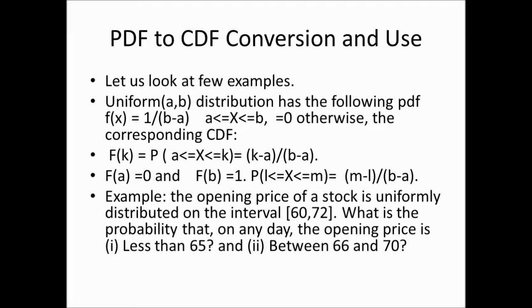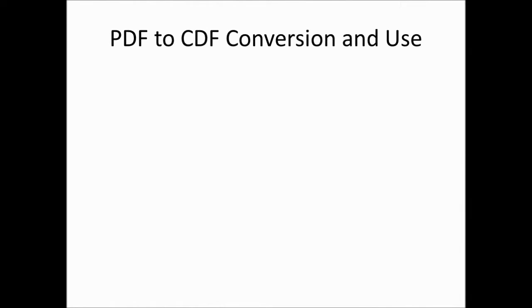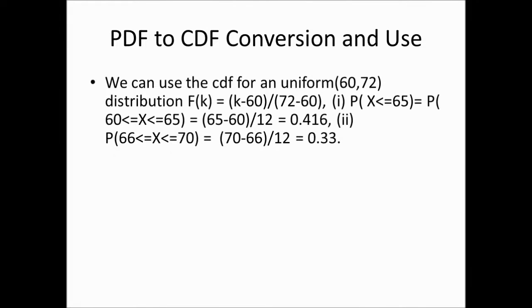The opening price of a stock in this example is treated as a uniformly distributed random variable. So we can solve both parts by using the CDF for the uniform distribution with parameters 60 and 72, which is given by F(k) equals k minus 60 divided by 72 minus 60.